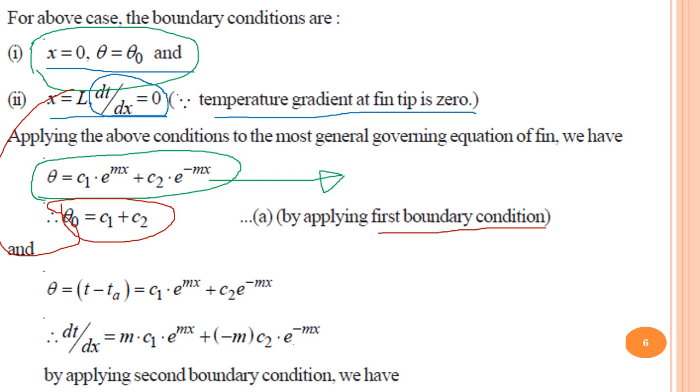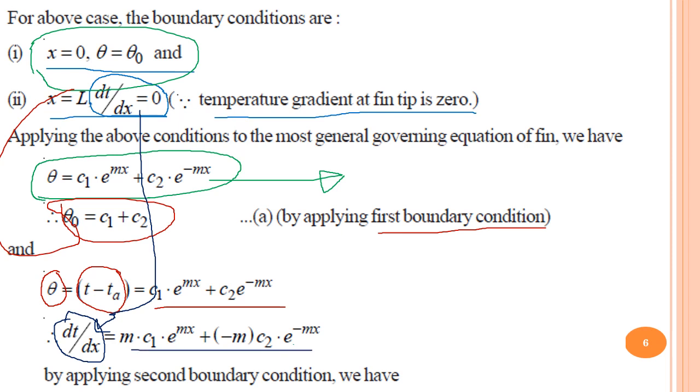Now theta, that is T minus TA, equals C1 e raised to mx plus C2 e raised to minus mx. For the second boundary condition, we have to go for dT by dx, and that is m into C1 e raised to mx minus m into C2 e raised to minus mx, and this dT by dx equals 0.